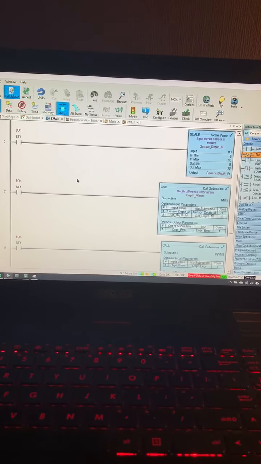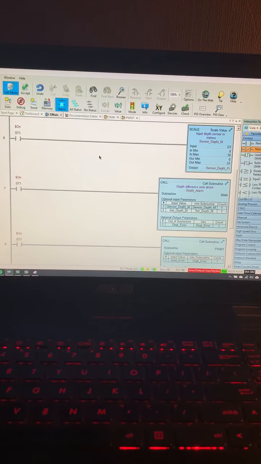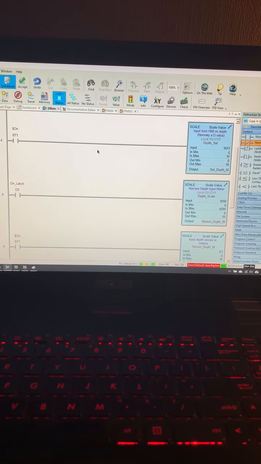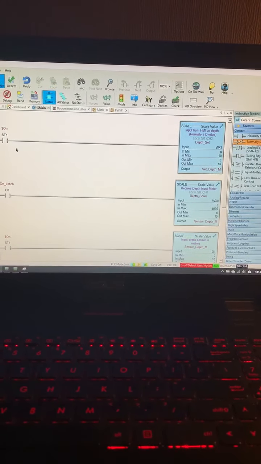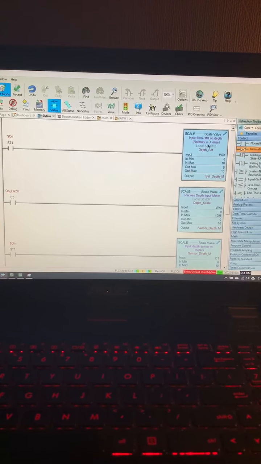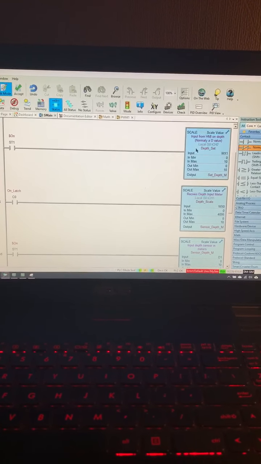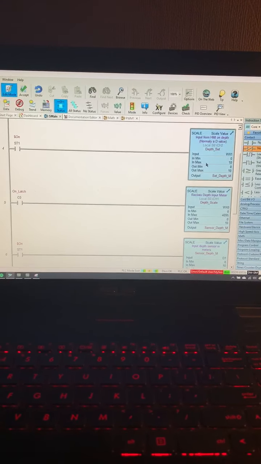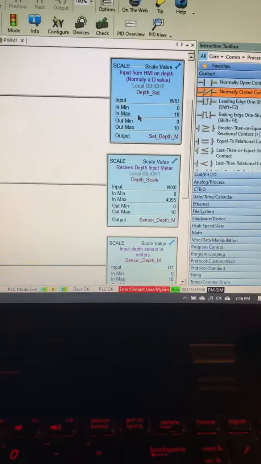Next on the list here we have an analog conversion. Oh, skipped over it somehow. There we go. So this one here is the input from the HMI. This will be coming from the bar graph on the HMI.